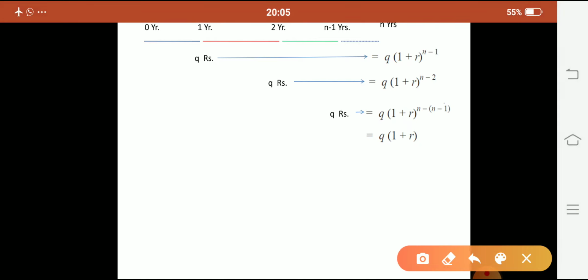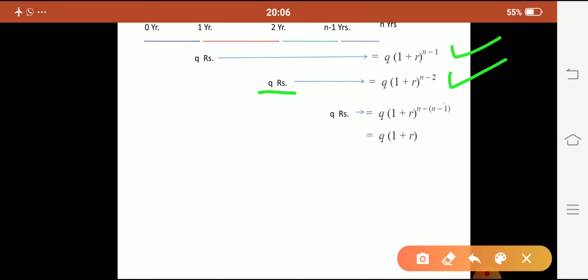So at the end of n years, the amount becomes Q in bracket 1 plus R raised to n minus 1, because for the first year we won't get the interest on it. Similarly, at the end of second year, the same amount Q will be deposited in the bank, and interest will be earned.